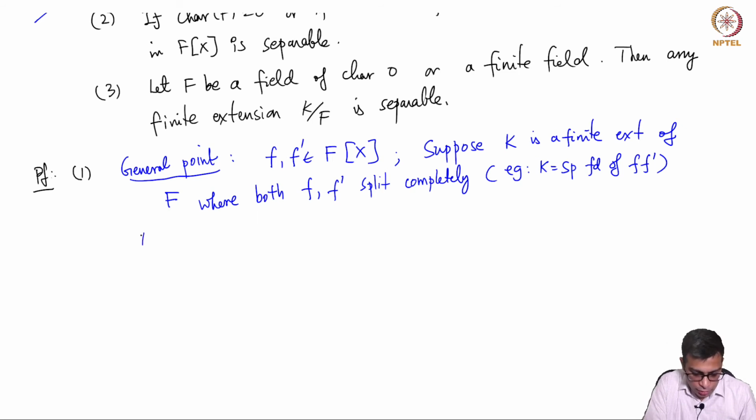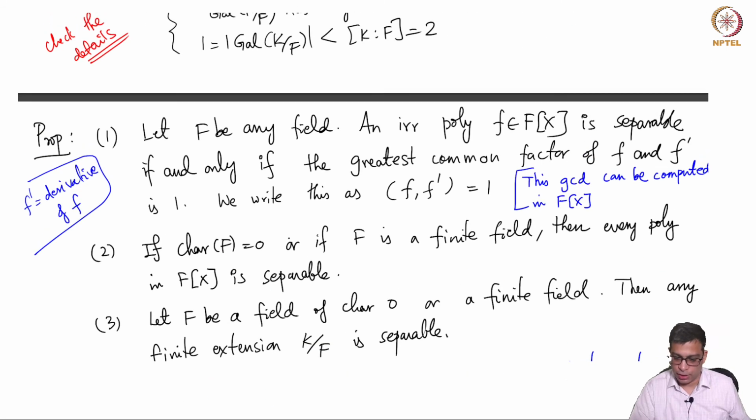Then the GCD of f and f prime is 1, which is the terminology that I'm following here.